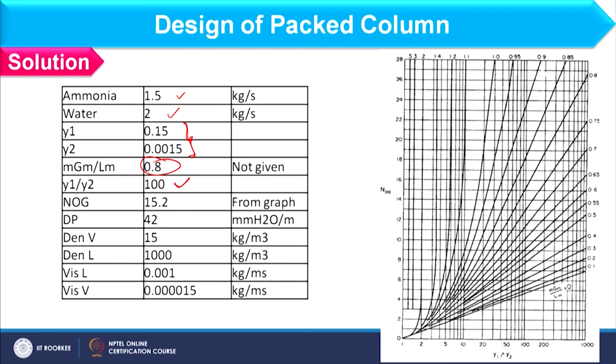So, Y1 by Y2 is 100, and here I have mGm by Lm as 0.8, right. If we consider 100 for Y1 by Y2, the value will come as 15.2 from the graph if you see it carefully. Okay. So, pressure drop is given as 42, all parameters are given like this.